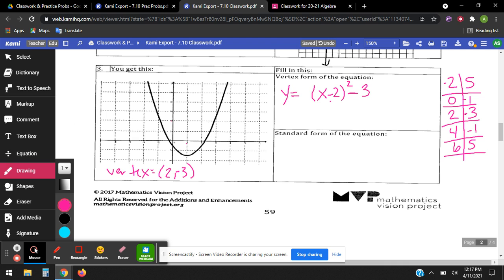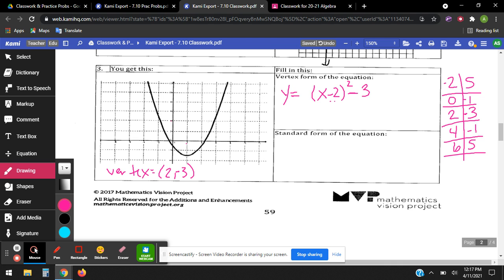Okay, so now I'm subtracting 3. Let's try this one more time. 4 minus 2 is 2. 2 squared is 4. 4 minus 3 is a positive 1. Okay, so I'm a little high now. So this does still need to get lower.